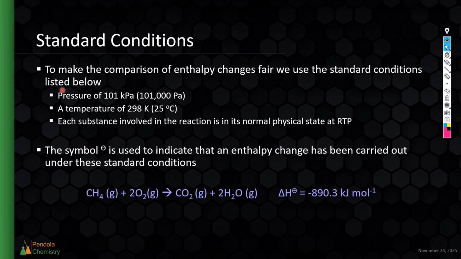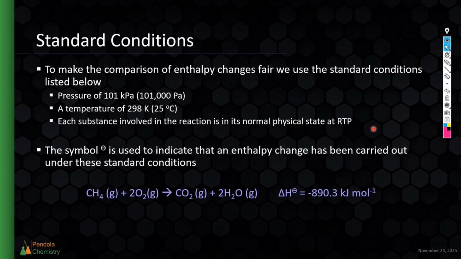Those conditions being a pressure of 101 kilopascals or 101,000 pascals, a temperature of 298 Kelvin or 25 degrees Celsius, and that each substance involved in the reaction is in its normal physical state at room temperature and pressure.